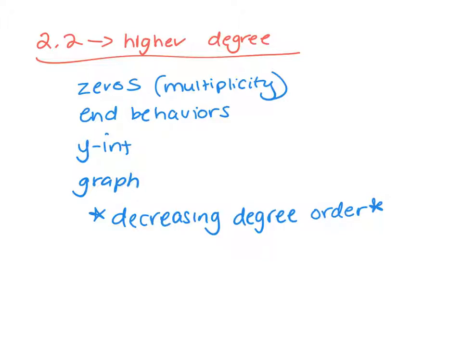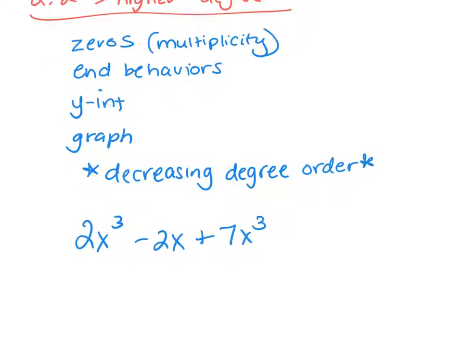It could be a perfect square trinomial. It could be difference of two squares. It could be four terms and factor by grouping. There's a lot of different kinds of factoring that we went through. What is decreasing degree order? Like the highest exponent down to none. So, like I was saying on the warm-up, if you had this, you would want to make sure that this is the first one.